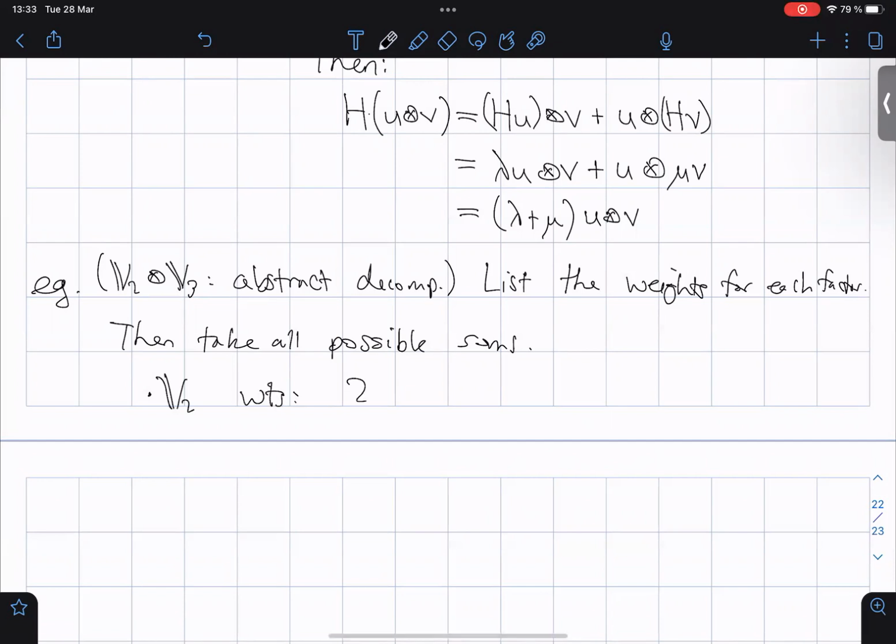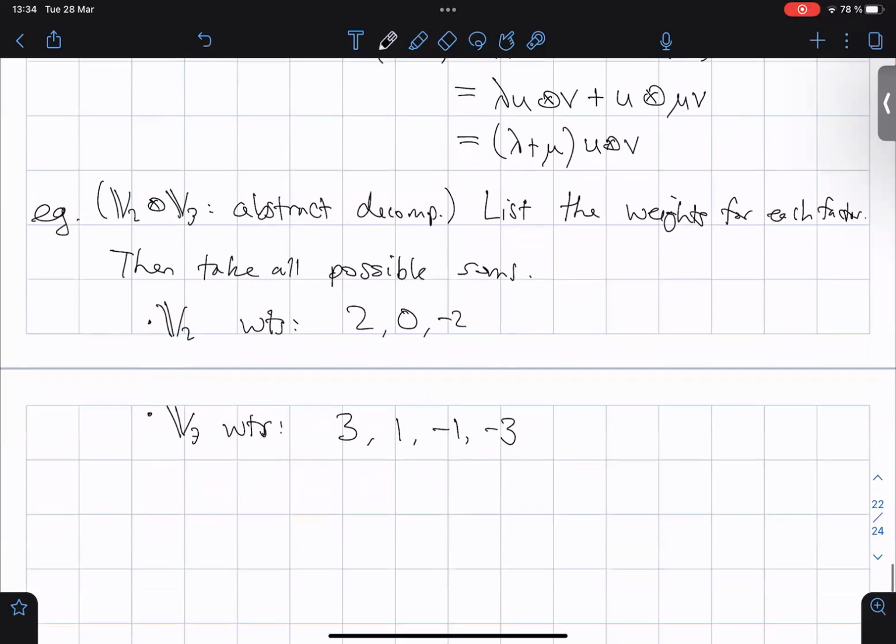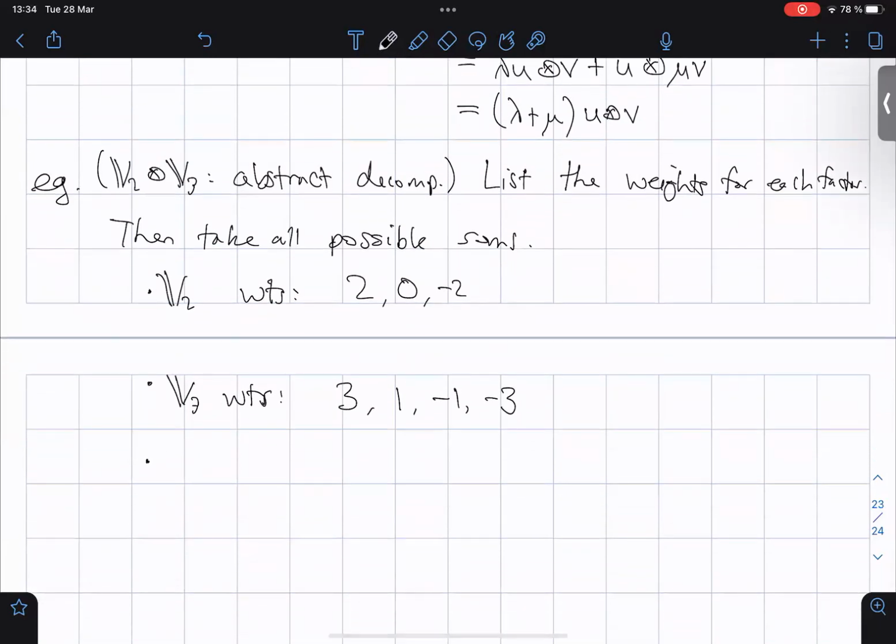For V2, what are the V2 weights? Well, it starts out with 2. That's the highest weight, right? That comes from what we had before in the classification theorem. Then you lower by 2. So 2, 0, and then minus 2, and then you stop. V3 weights: 3, 1, minus 1, minus 3. Now you just start taking all possible sums of these weights.